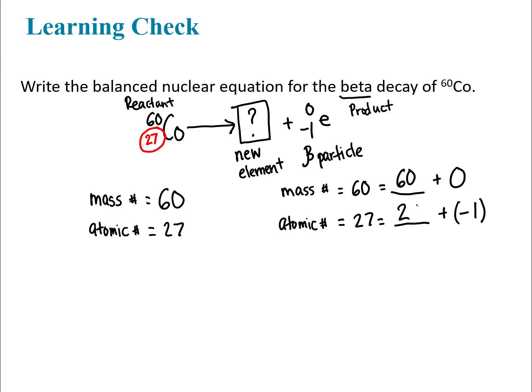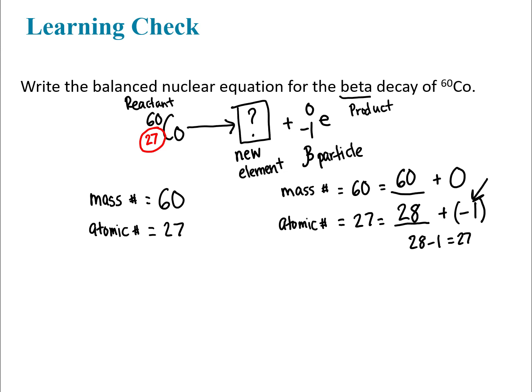It has to be 28. And the reason is, when you look at it, 28 minus 1 is equal to 27. So for a beta emitter, your new element is going to be the atomic number of the old element plus 1 to account for the fact that you're losing this high energy electron.